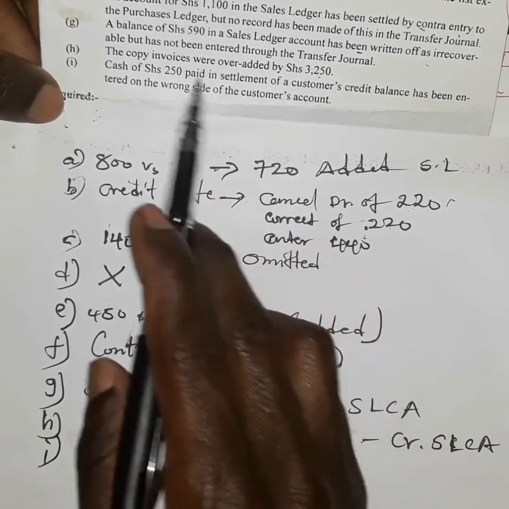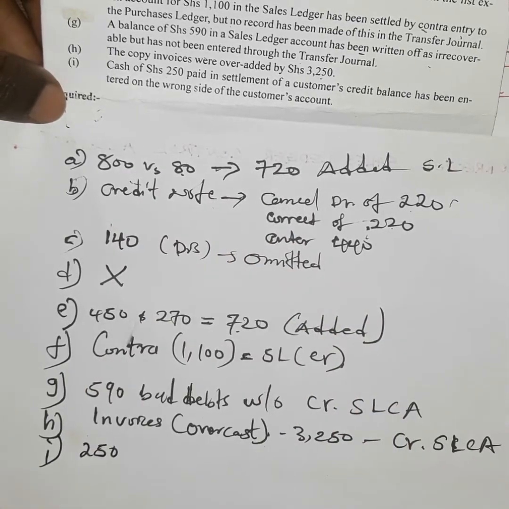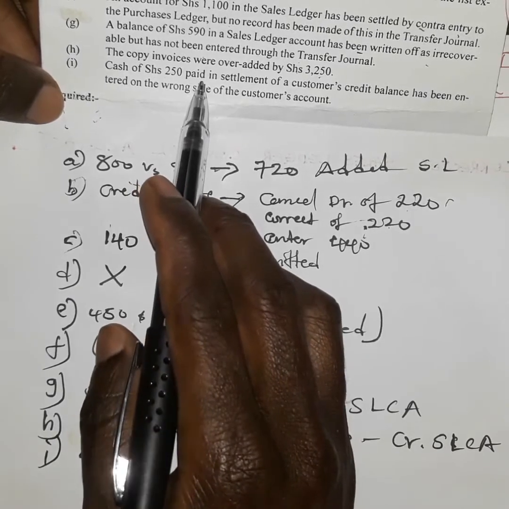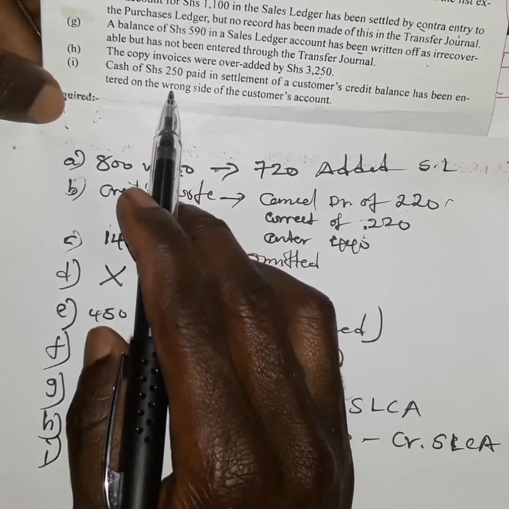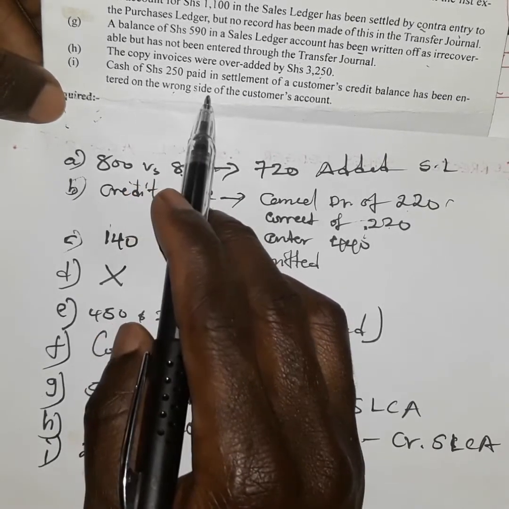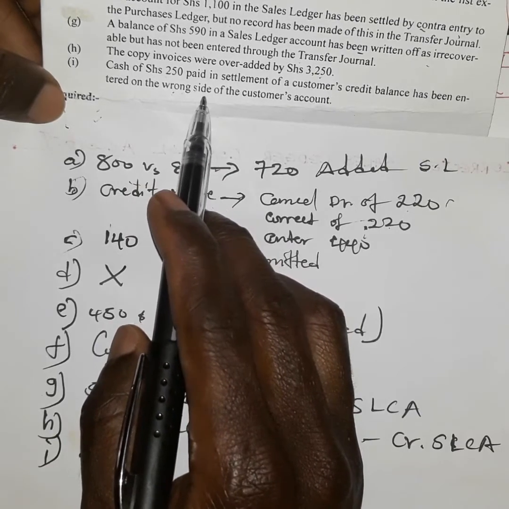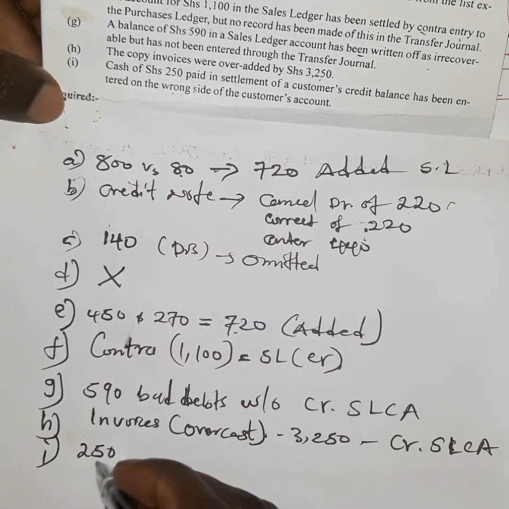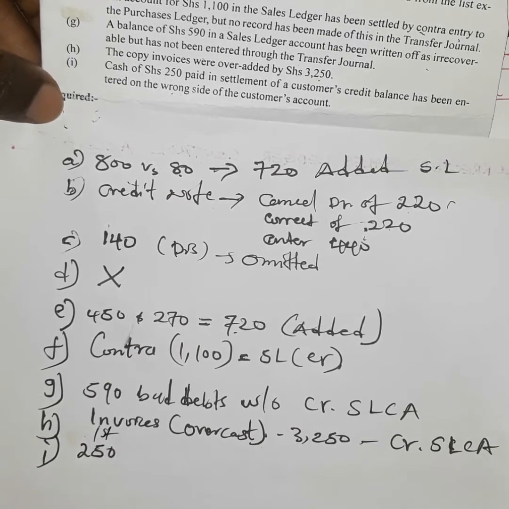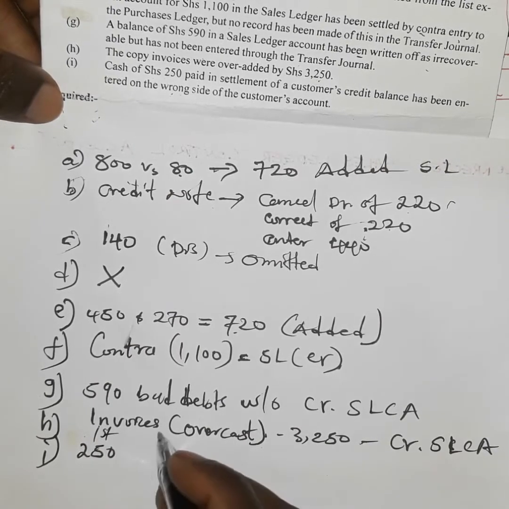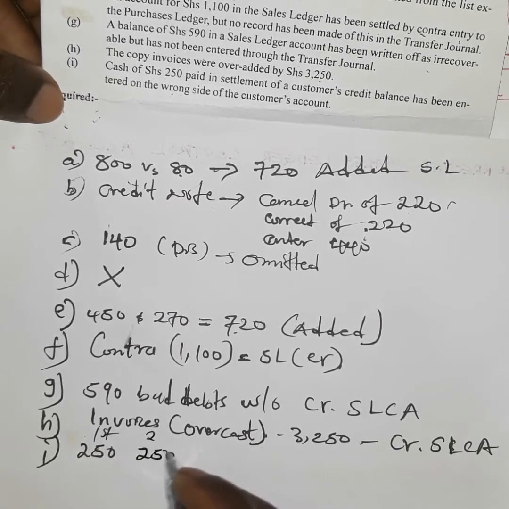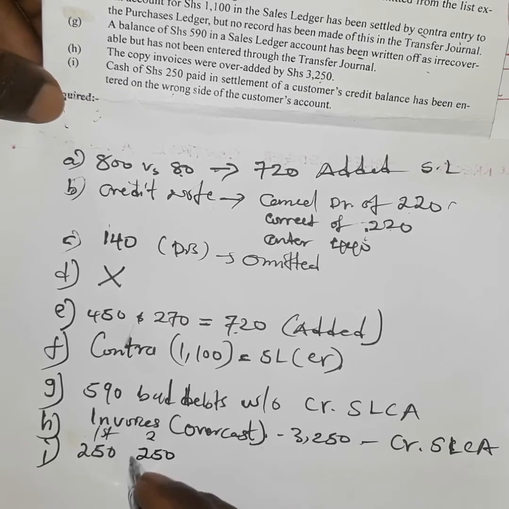So if an amount is received, it means it's supposed to be debited. So if it was made on the wrong side, it means that this amount was credited. So to correct this error, we make the first entry to correct the credit side and the second entry of 250 to make the correct entry on the debit side.